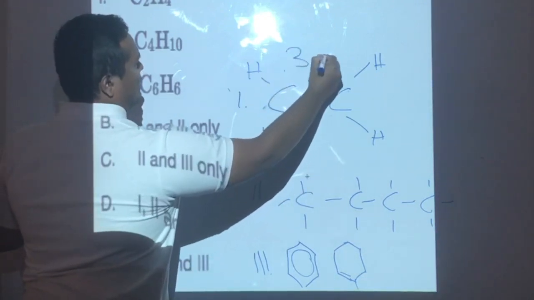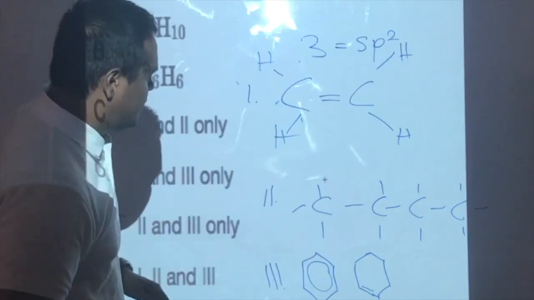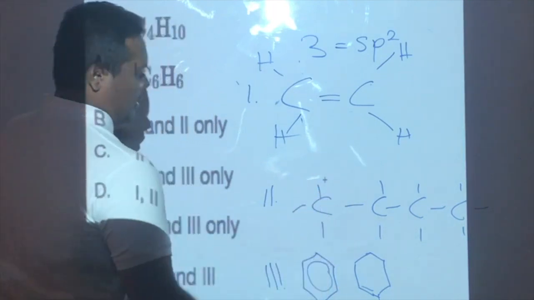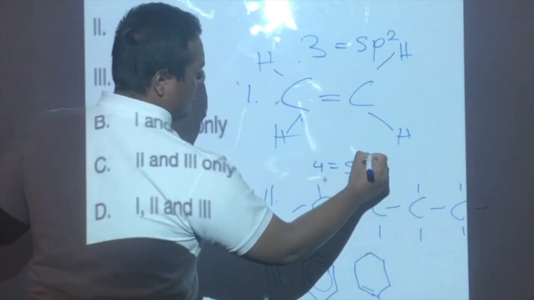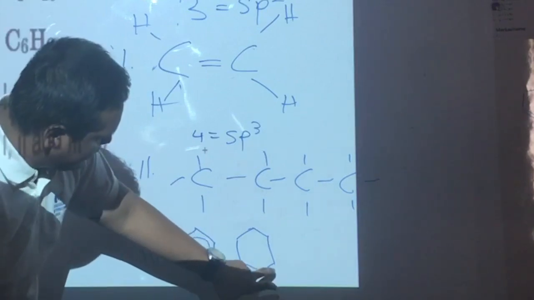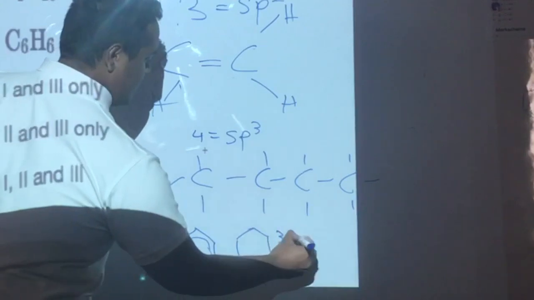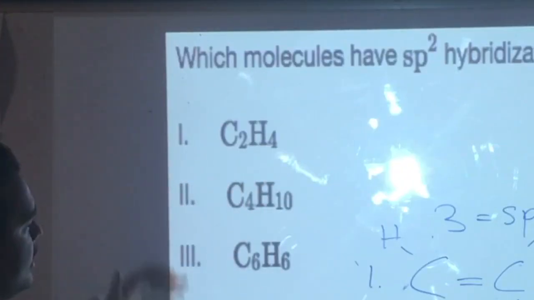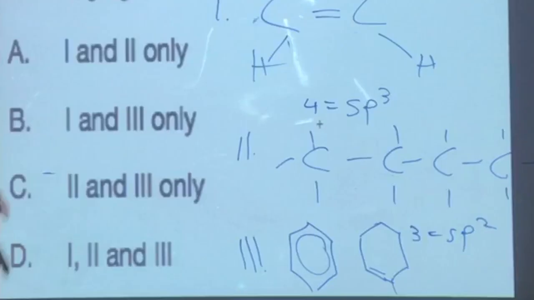So 3 domains equals sp2 hybridization. Then we see this here, 1, 2, 3, 4 on the carbon, and since there are 4, this is an sp3 hybridization. As for benzene here, you can see there are 3 domains, making this sp2 hybridization.